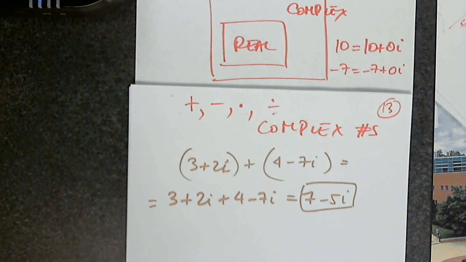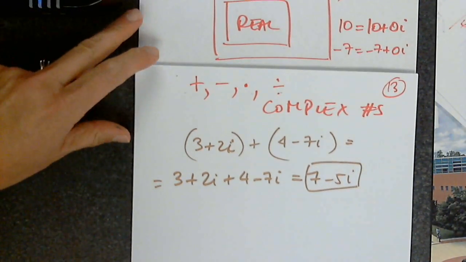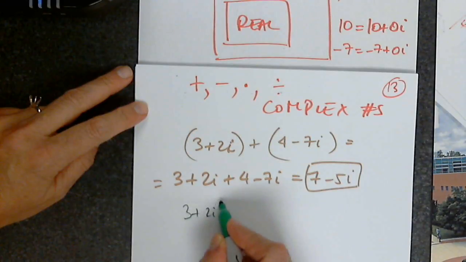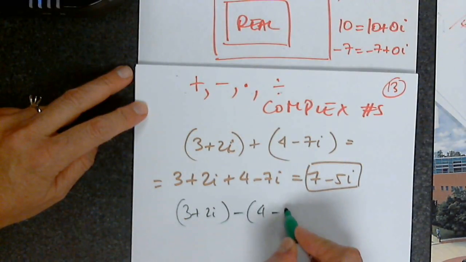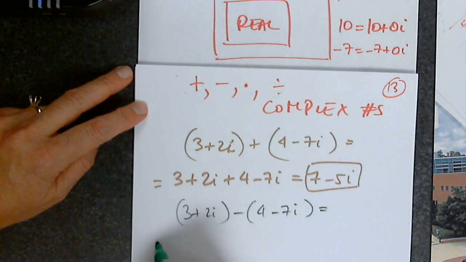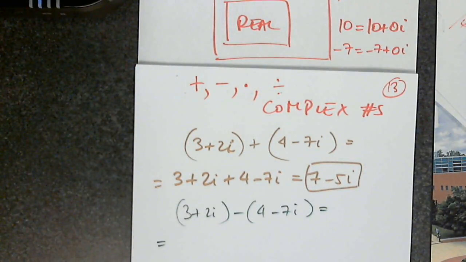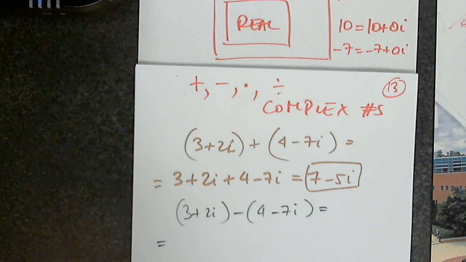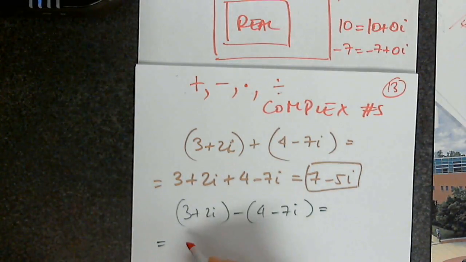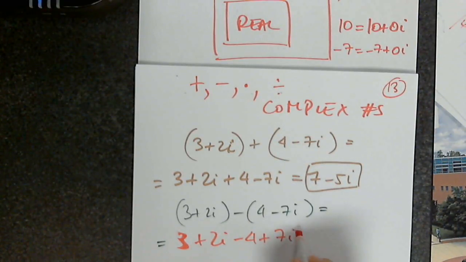Let's use the same numbers to subtract. So let's say I have 3 plus 2i minus 4 minus 7i. What will be the first step here? I have to remove parentheses, right? So I will write 3 plus 2i minus 4 plus 7i.